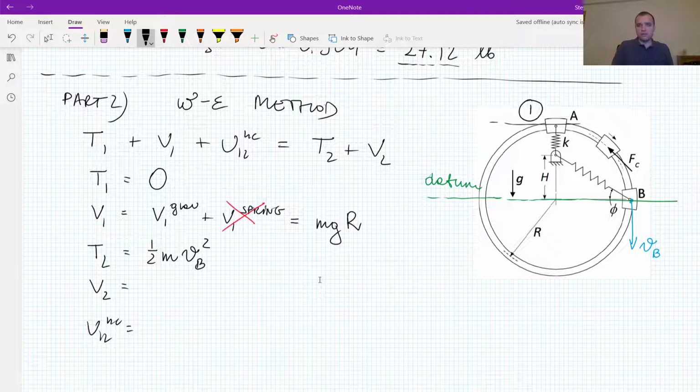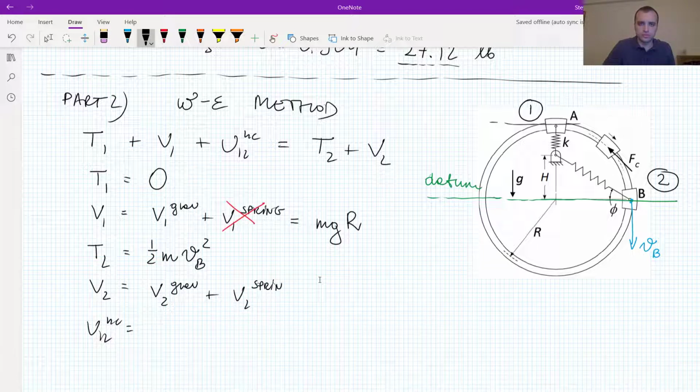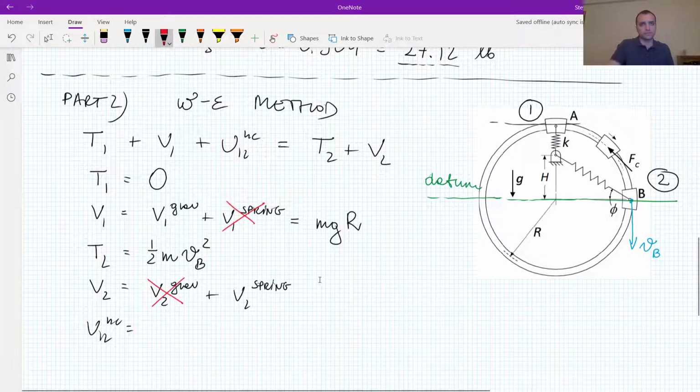How about the second configuration? Here we will again have V2 due to gravity plus V2 due to spring. Right now we can see that our body is aligned with our datum, so in this case our V2 due to gravity will be 0.